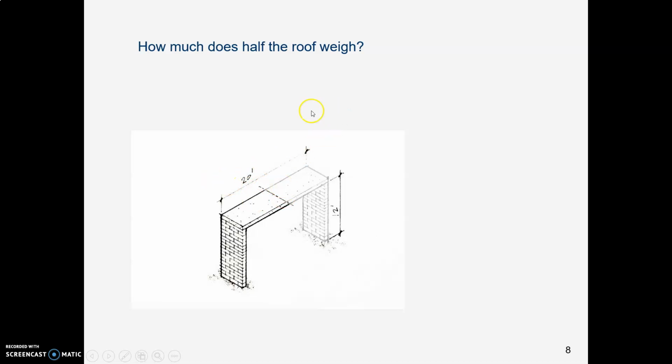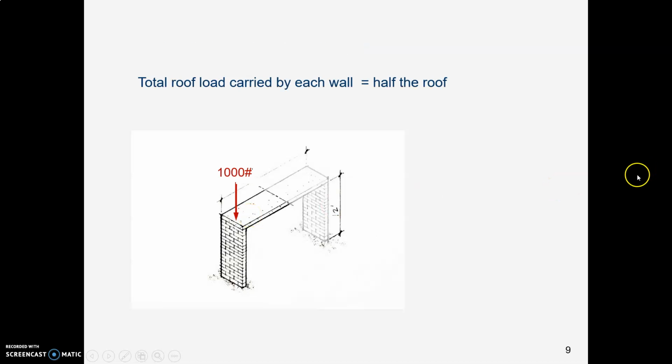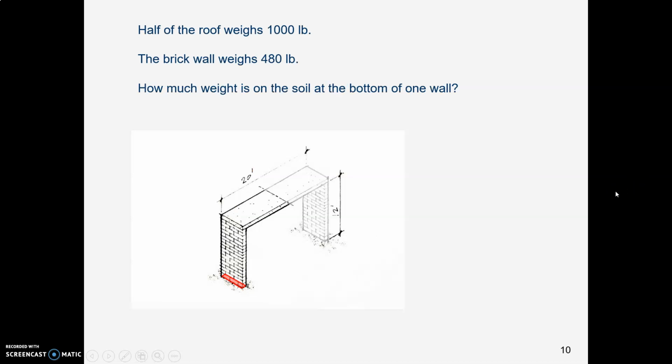If the entire roof was 2,000 pounds, how much is half a roof? It must be 1,000 pounds. So each wall is going to support 1,000 pounds of roof. Okay, so half the roof weighs 1,000 pounds.